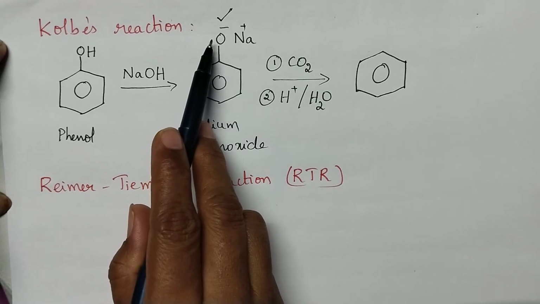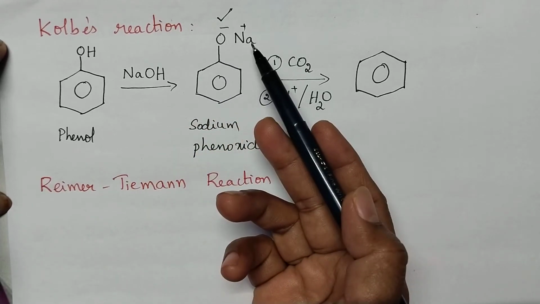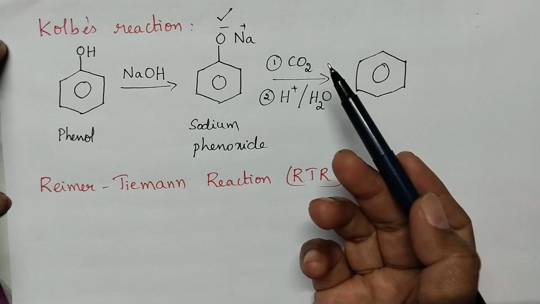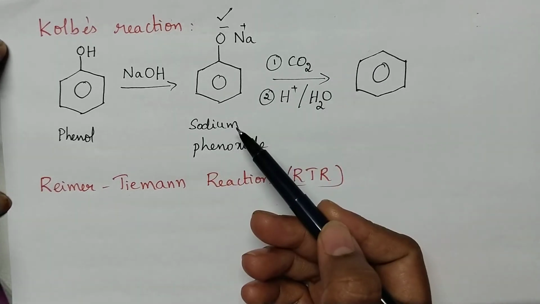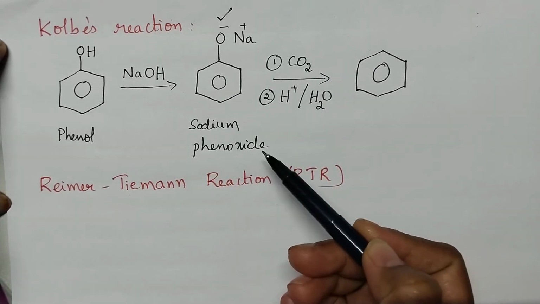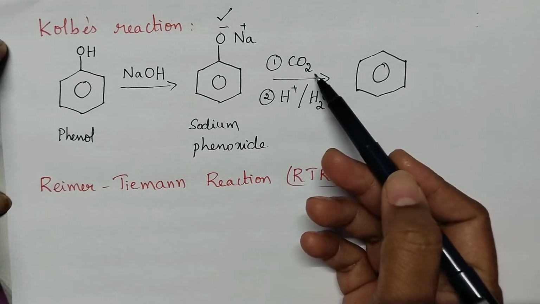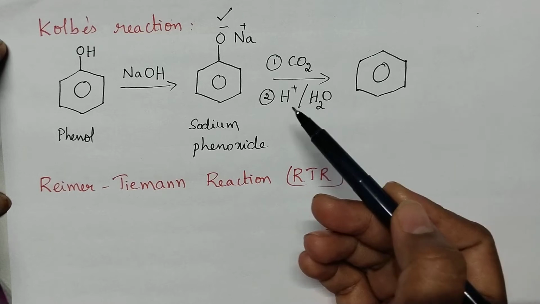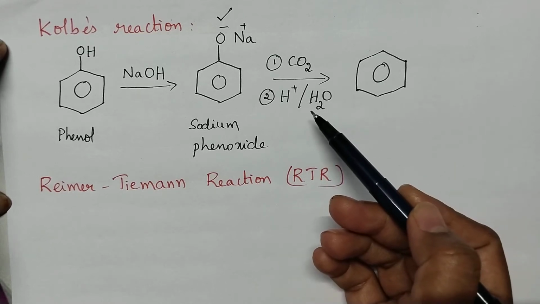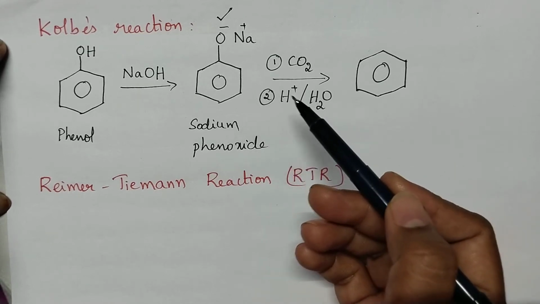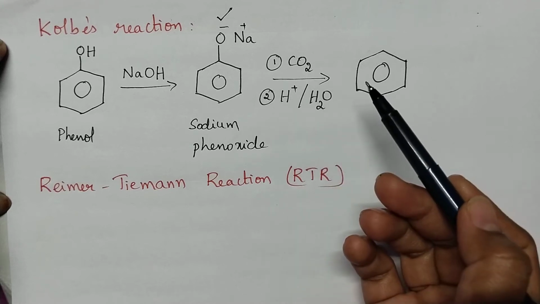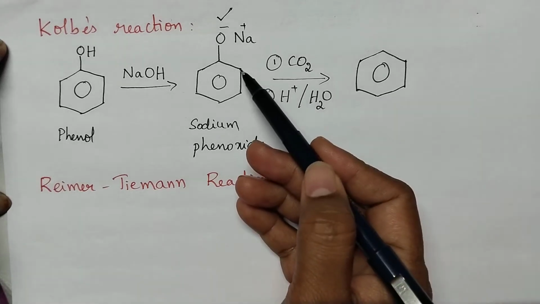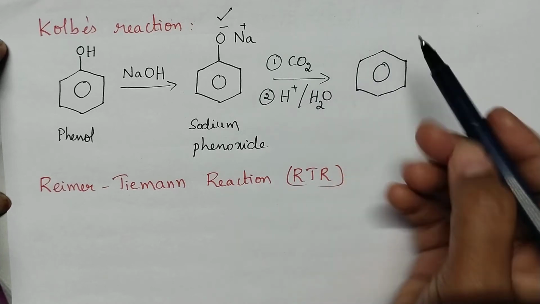So it easily undergoes electrophilic substitution reaction, and hence whenever sodium phenoxide is treated with carbon dioxide followed by hydrolysis in the presence of H plus ion, the acid group is always introduced at the ortho position. The adjacent position is called the ortho position.